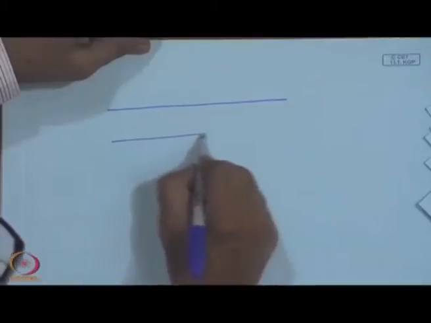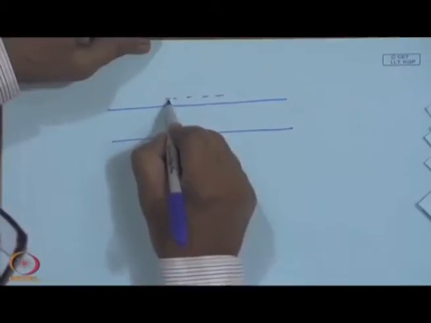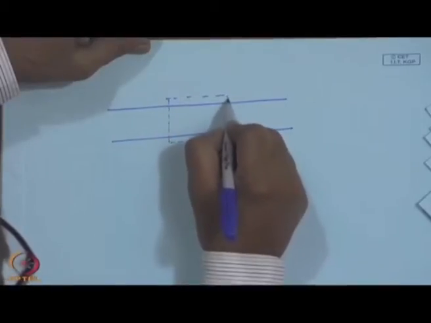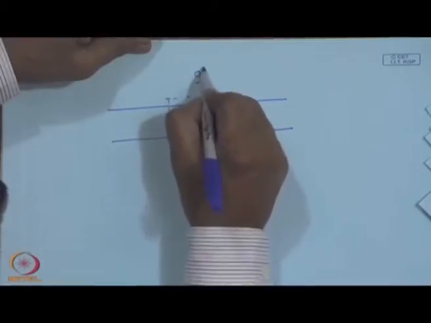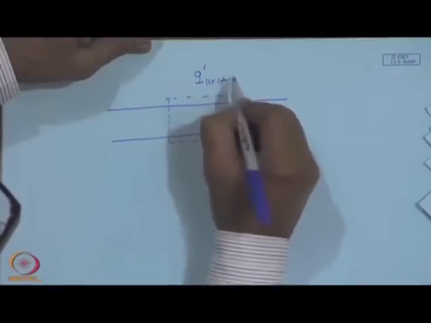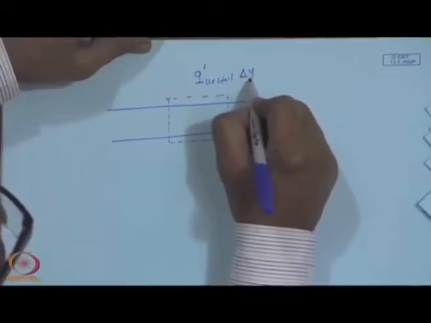So, we consider the tube, again take a control element of length delta y now. So, this will receive q dashed useful times delta y.